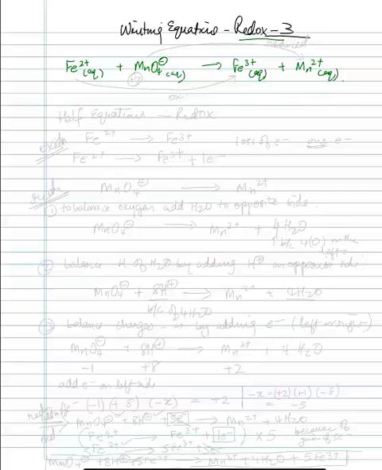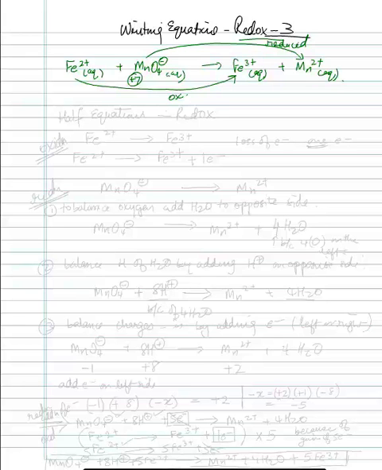What we had decided in the previous problem is that iron is getting oxidized, loss of electrons, and manganese was getting reduced, because it gained electrons. It went from +7 to +2, and therefore manganese is getting reduced.